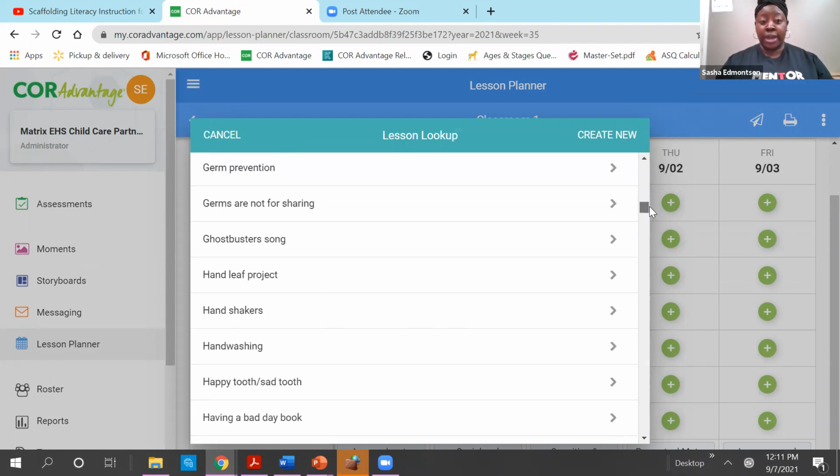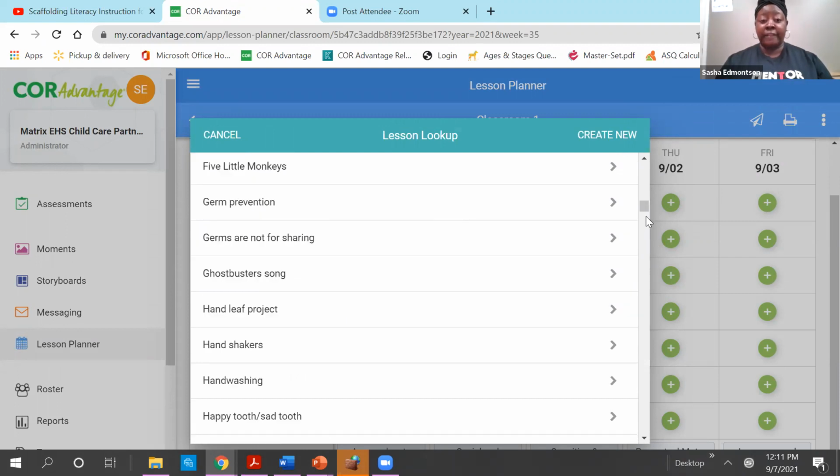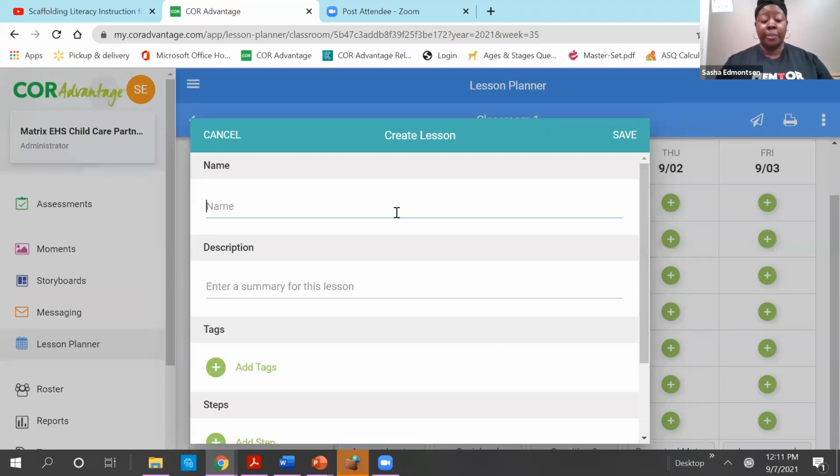You can just scroll down. You can do the 5 Little Monkeys. You can do, I think I might have saw a hot potato or something like that. Or you can also create new. And here you would just put in the name. If I didn't see hot potato, I can just type it in.